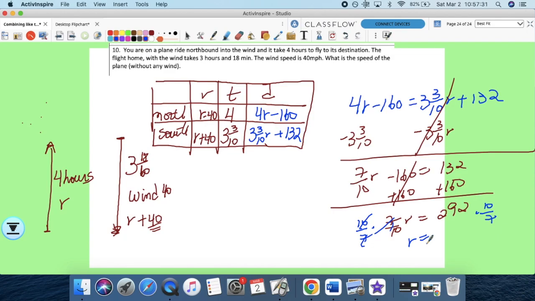Over here, does 292 divide nicely by 7? It doesn't. So let's leave r as 292 times 10 over 7, which is 2920 over 7, or 417 and 1/7 miles per hour.